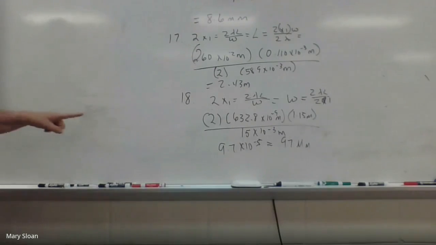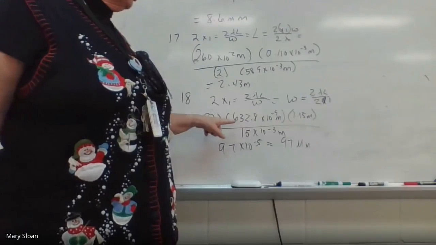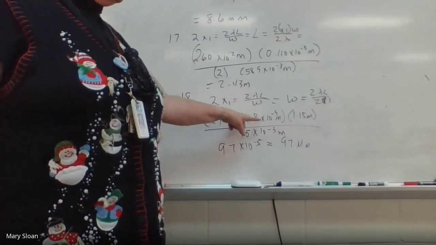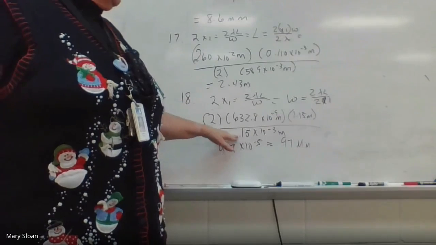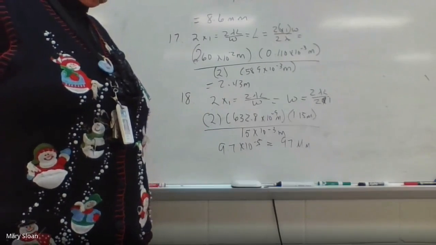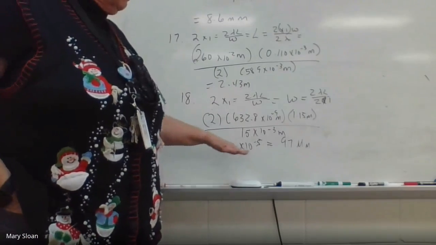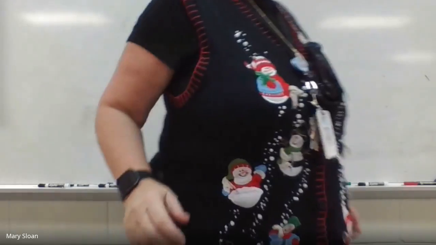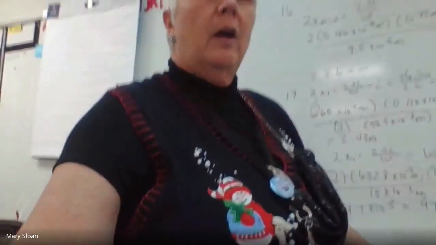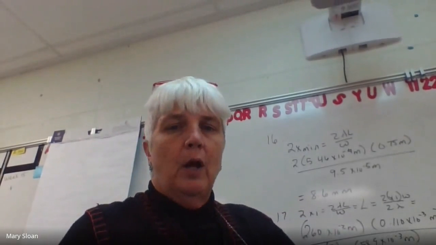So I did 2 times 632.8 times 10 to the negative 9 meters times 1.5 divided by 15 times 10 to the negative 3, which should give you 9.7 times 10 to the negative 5, which equals 97 micrometers. Okay, so there are your questions for the day. I'm hoping that helps.